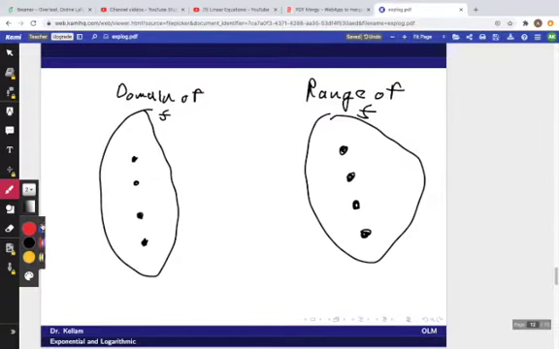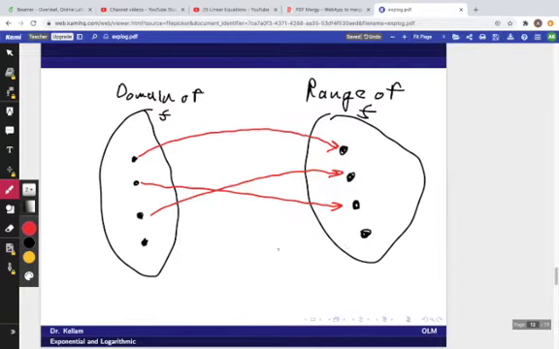As long as we have a situation where each of these goes to exactly one other item, and vice versa, however you want to arrange these.